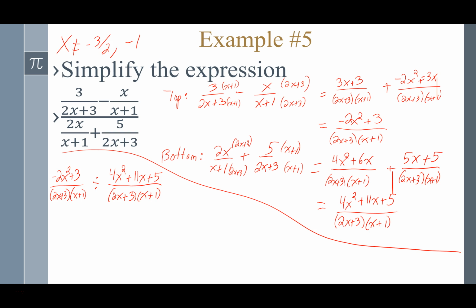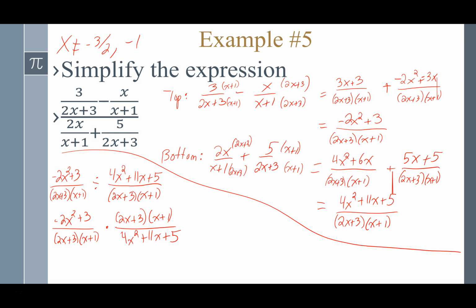So we talked about in the previous video, keep, change, flip from when we divide by fractions. This will be (-2x² + 3) over (2x + 3)(x + 1) times our (2x + 3) times (x + 1) over the (4x² + 11x + 5).